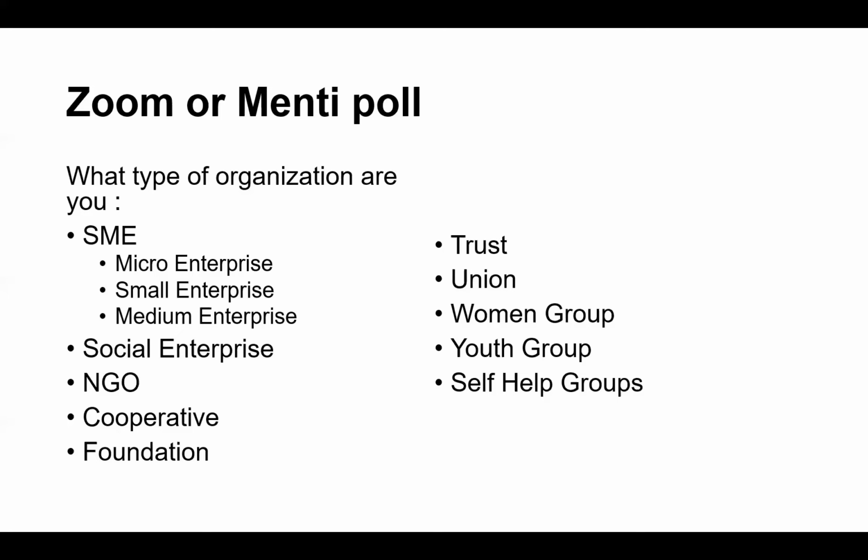You can introduce yourself by saying whether you are an SME, a micro, small, or medium enterprise. You can also say whether you are an NGO, cooperative, or a foundation. So just type in the chat box the organization that represents you, whether you're a trust or a union, or a women group, or a youth group, or self-help group. So please chat in the chat box so that we have a feel of who is in the room.